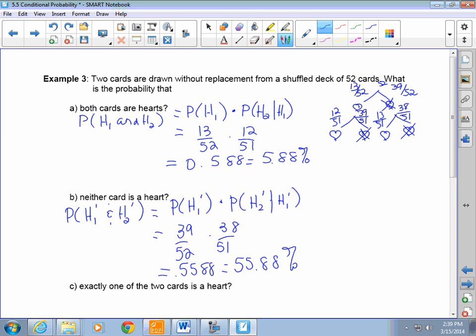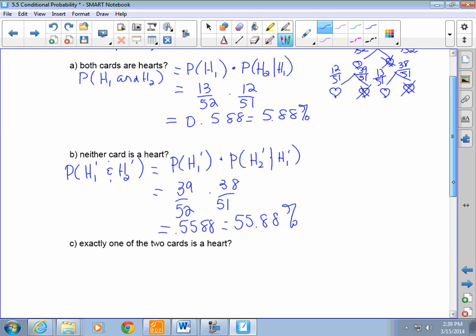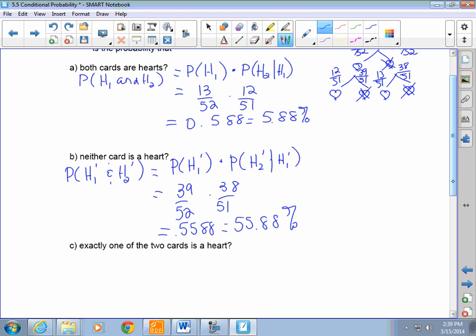So what is the probability that exactly one of the two cards is a heart? So that means what we're looking at is the probability that the first card is a heart, but the second wasn't, or the probability that the first was not a heart, but the second was.